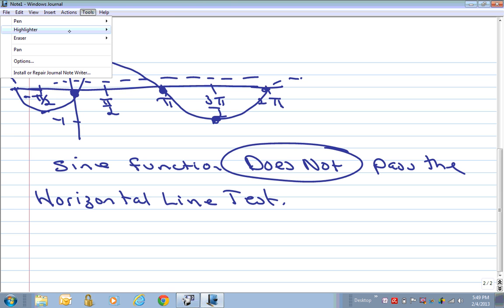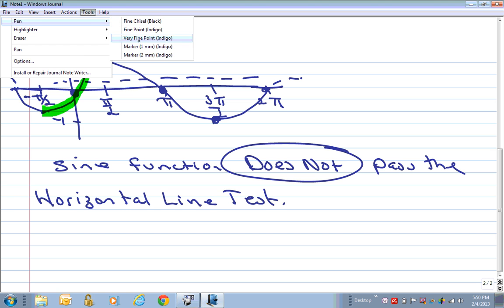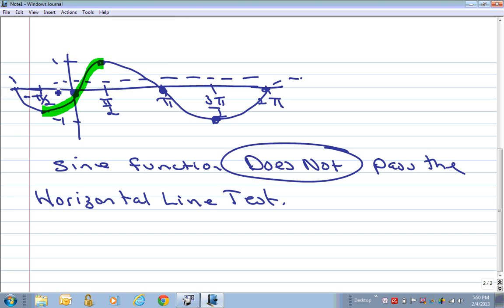Let's take a look at this. If I highlight from negative pi over 2 to positive pi over 2, any part of that curve would pass the horizontal line test and we would have a function.